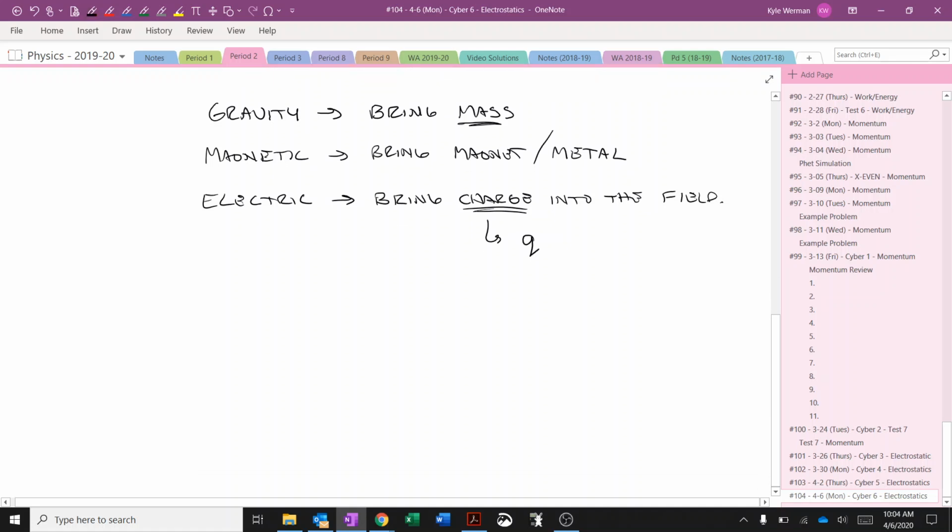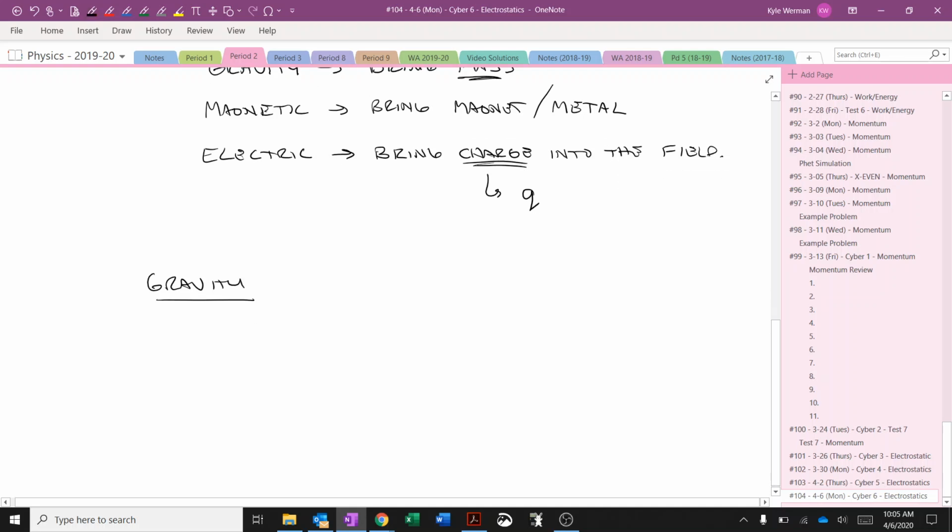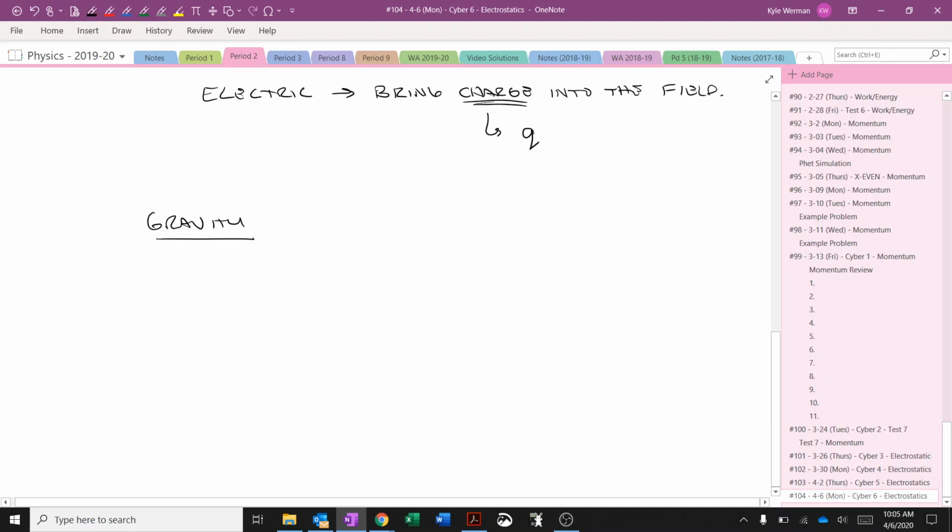Now, to understand how electric fields work, it's really helpful to compare an electric field to a gravitational field. We know about how gravity works. Let's look at gravity as an example. We've already learned about it, so let's use this as our reference. Right? So if we have something to test gravity, it would be a mass. So let's call that m.